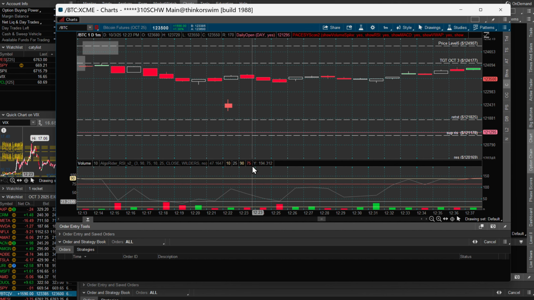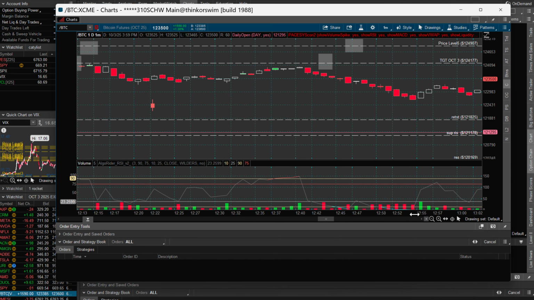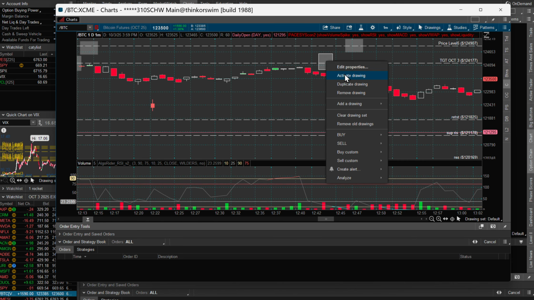I'm looking for this candle to form in between these.